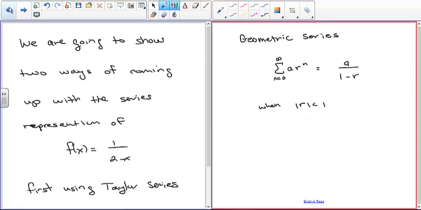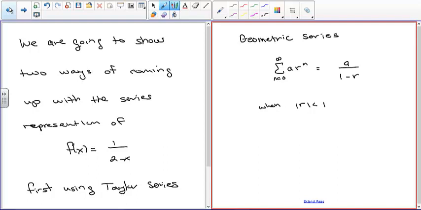But let's first just look at using a Taylor series. Just to remind you, the geometric series looks like this. It's a summation from n equals 0 to infinity of a, which is a constant, times r, the common ratio, raised to the n power.